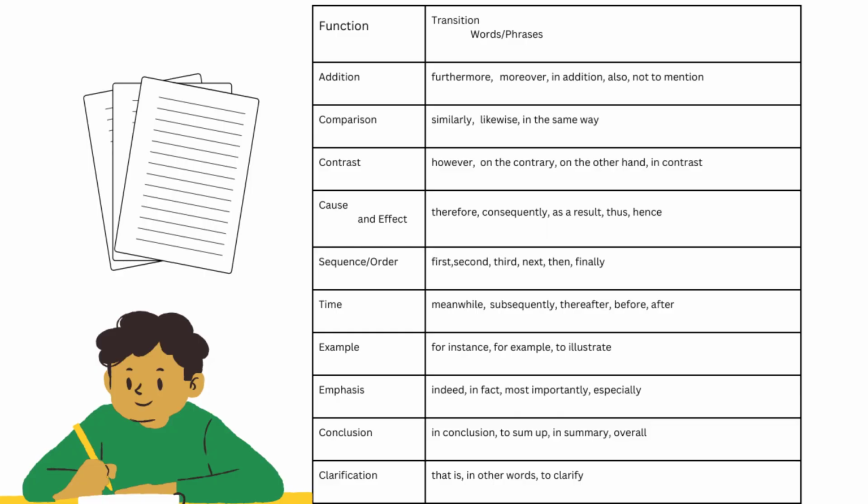In the table, you see transition words and phrases organized by their function to help you enhance the coherence and flow of your writing. To make your writing more impactful and cohesive, link your ideas together.